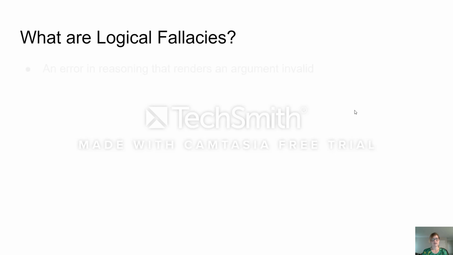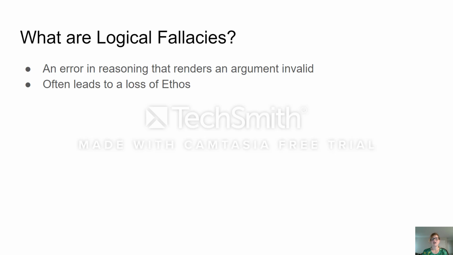So what are logical fallacies? A logical fallacy is an error in reasoning that renders the argument invalid. So it's basically just like a dumb argument. It often leads to a loss of ethos. So if you've already watched my video on ethos, logos, and pathos, ethos is your credibility.